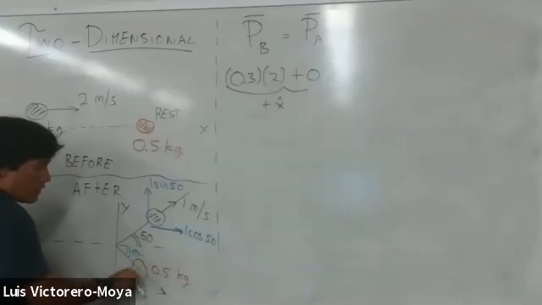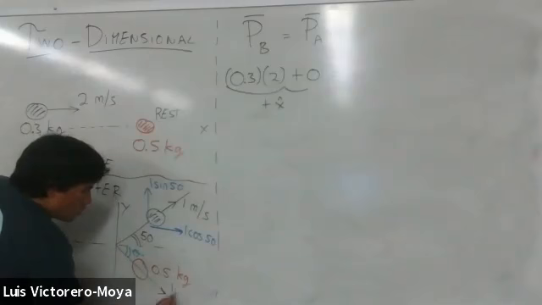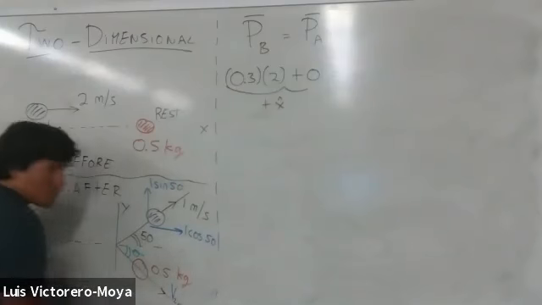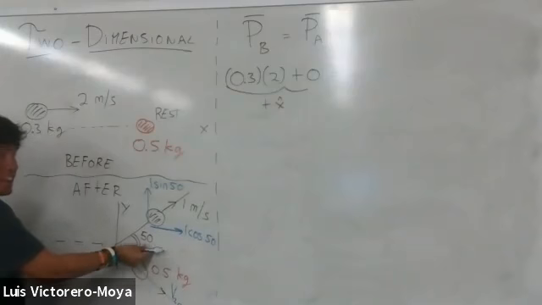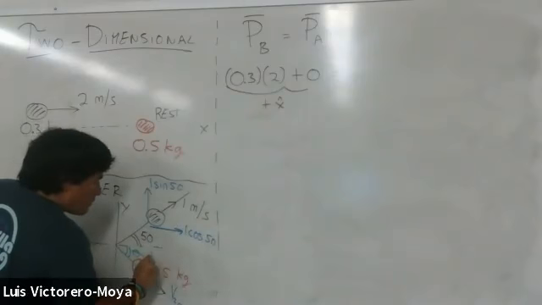But down here, this will be V2 final cosine theta, right here.